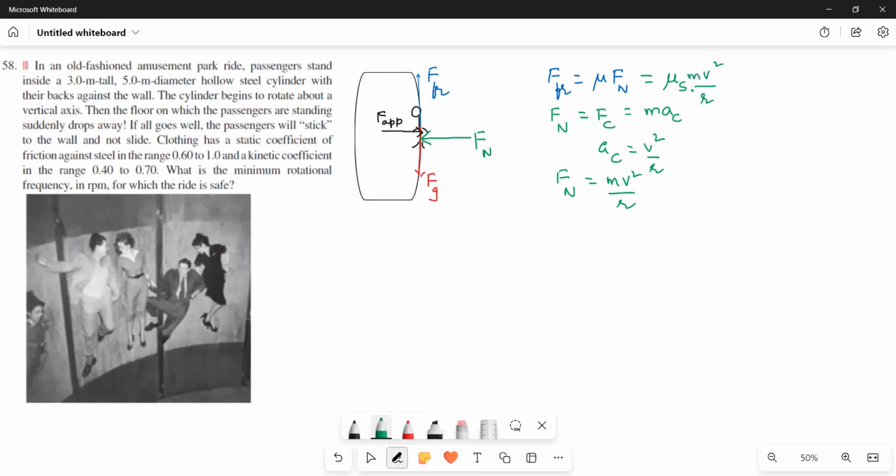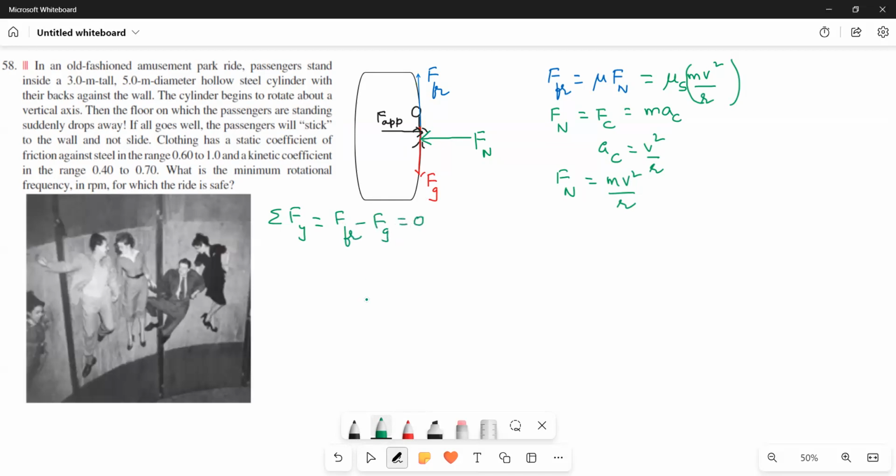Now, we have to write the equation. Sigma, net force along the Y direction: F friction acting upwards, Fg acting downwards. The object is in static equilibrium, therefore acceleration is equal to 0. So F friction minus Fg is equal to 0.